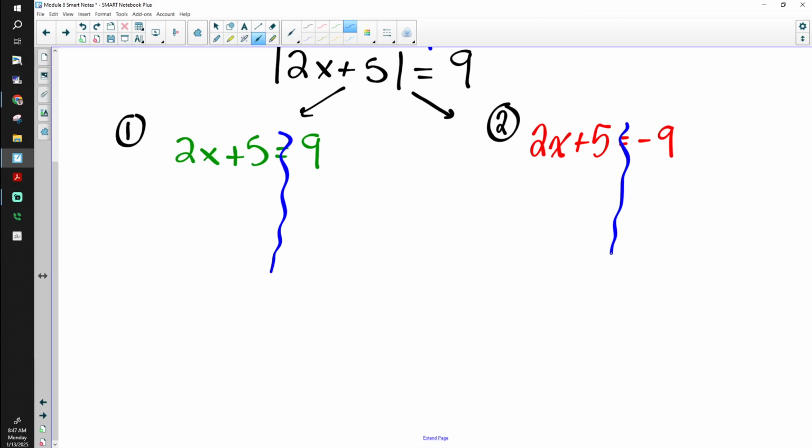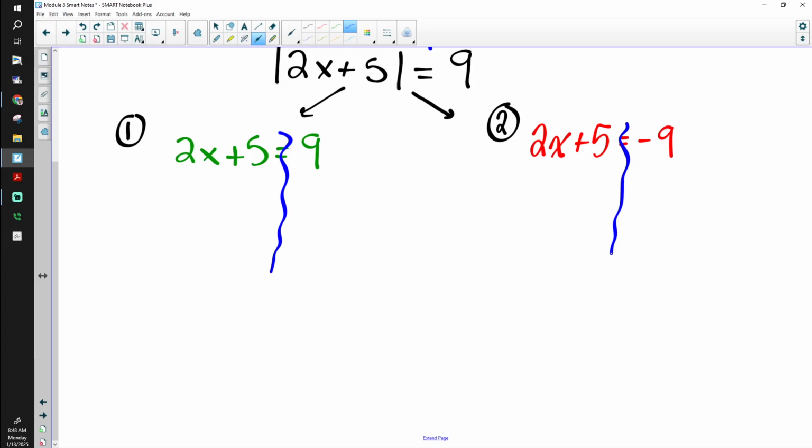Now it's time to solve for x. Okay, instead of just having one step, we have two steps for both of them. The equations are a little less mini this time. When you see equations like this where there's more than one step, you always want to get rid of what's not connected to the x first.